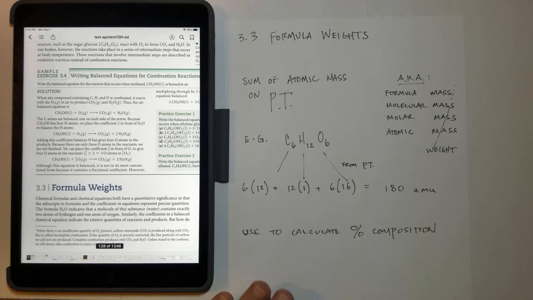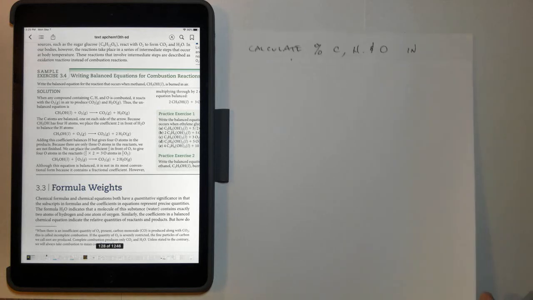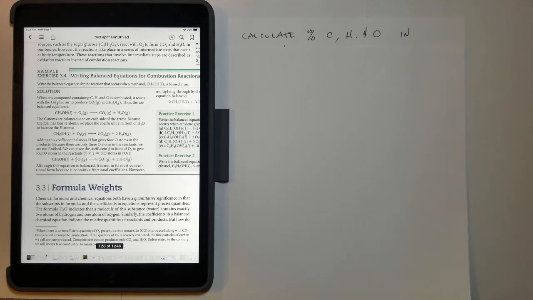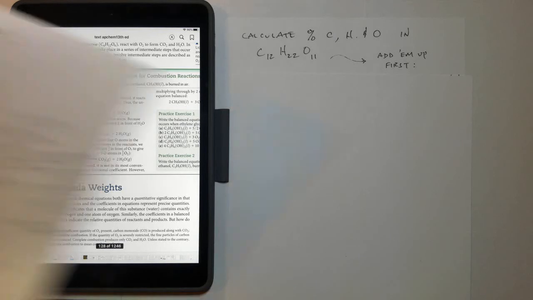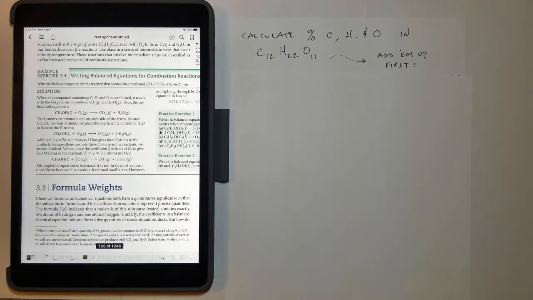So here's one example problem. Let's calculate the percentage of carbon, hydrogen, and oxygen in a different sugar. This one's called sucrose, C12H22O11. So the first thing to do is add them up just like we did. Sum the atomic masses on the periodic table.